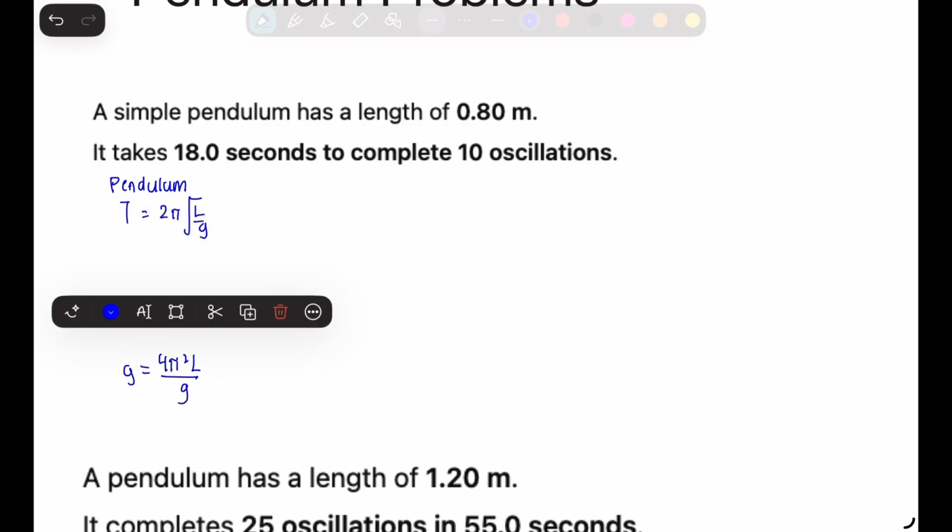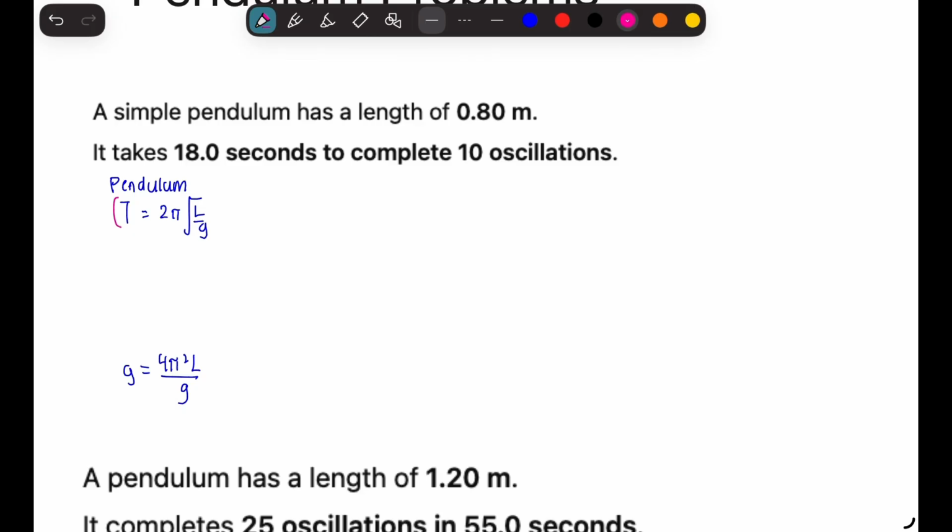And in order to get that, you can divide by 2 pi on both sides, and then this is going to cancel out. So then after that, you're going to have the square root of L over G. After that, you have to square both sides in order to get rid of that root.